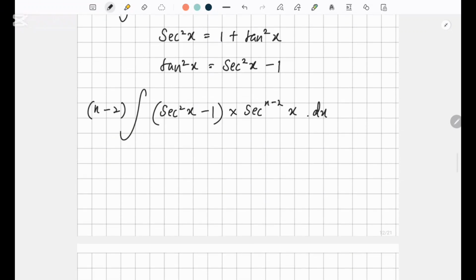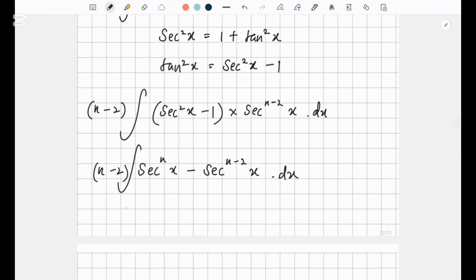Now you expand the brackets, so you can see the powers. When you have powers, you add them, right? Same base, different powers, it doesn't matter, you just add since it's multiplication. So sec x to the power n minus sec x to the power n minus 2 dx is what you get for your integration. This is what we have.